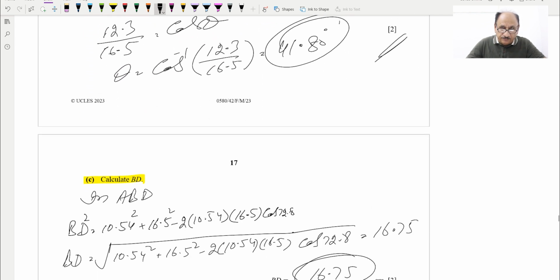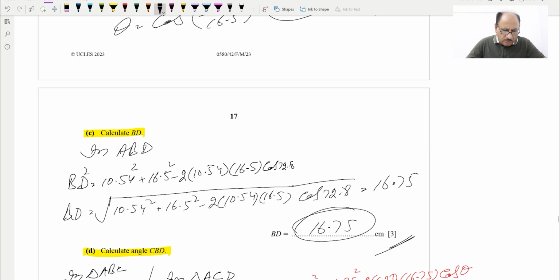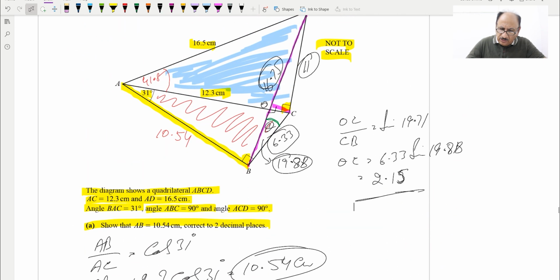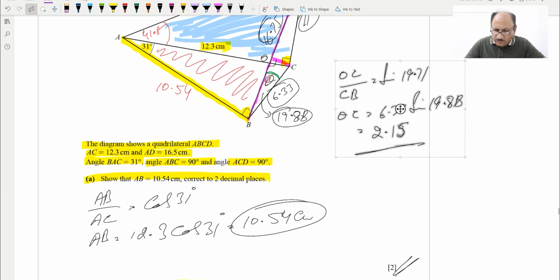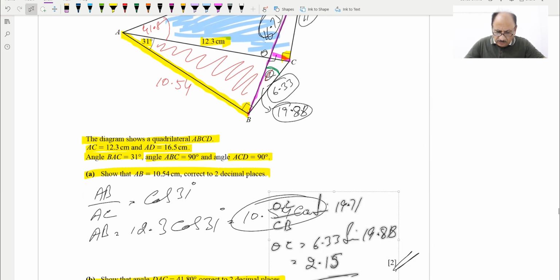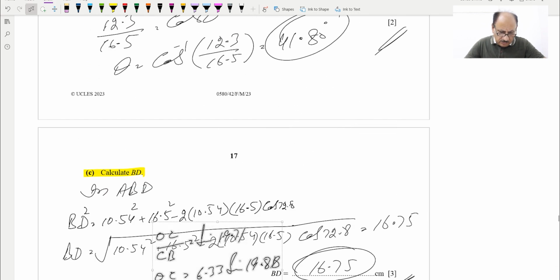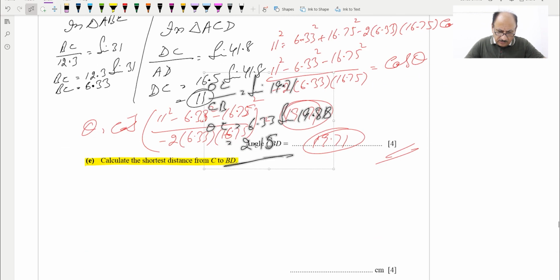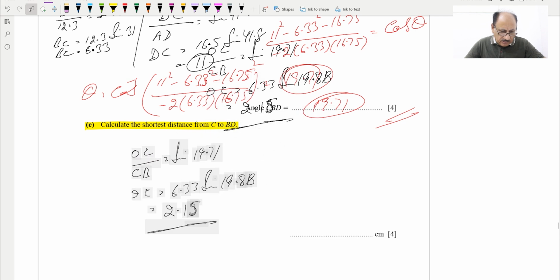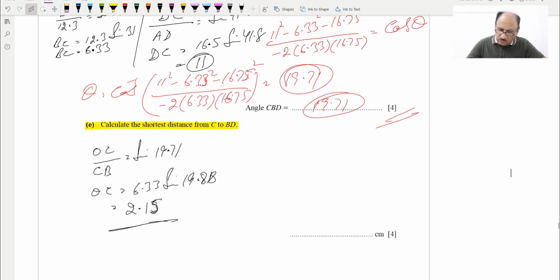Now this answer we need to shift to the proper location. This will be shifted over here, and this is basically the answer, which is 2.15.